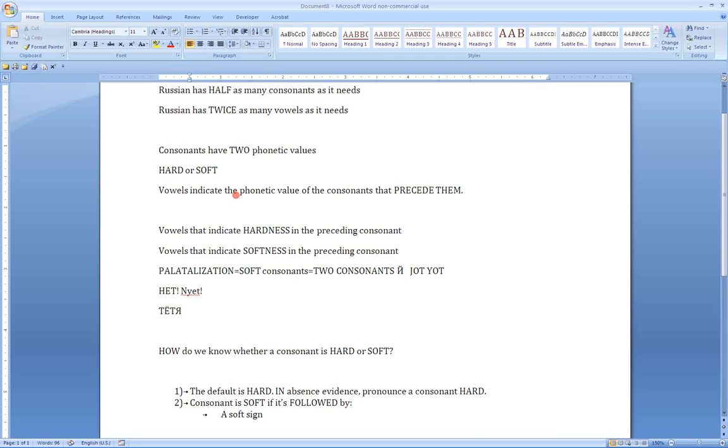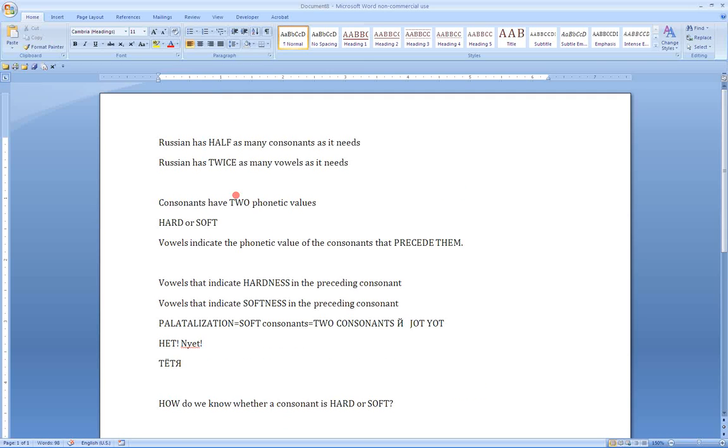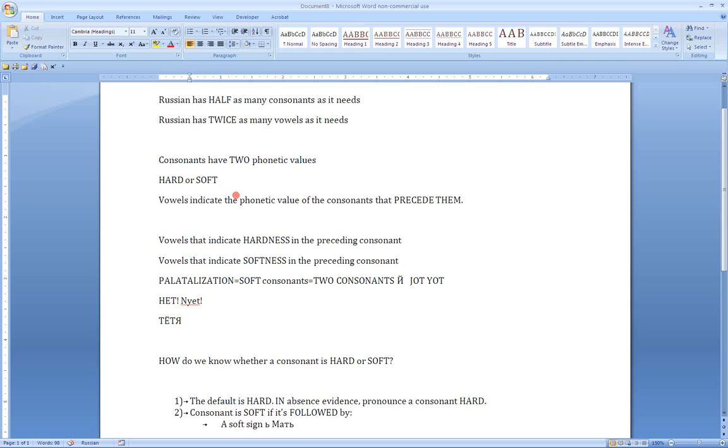That maybe does not come as a surprise. If it's followed by the myakký znak, this little sign here indicates that the letter that precedes it is pronounced soft. So, for example, in the word for mother, the word mats, that final T there is pronounced as a soft consonant because it's followed by, you got it, a soft sign.